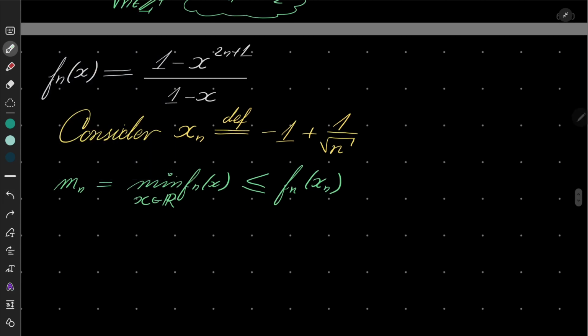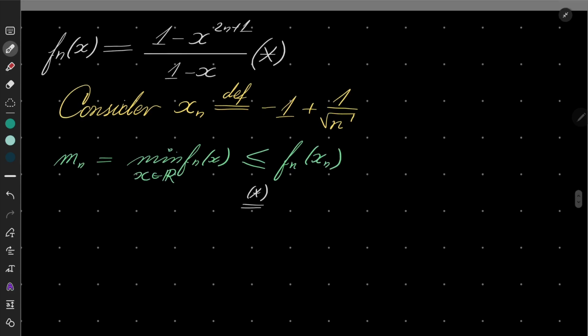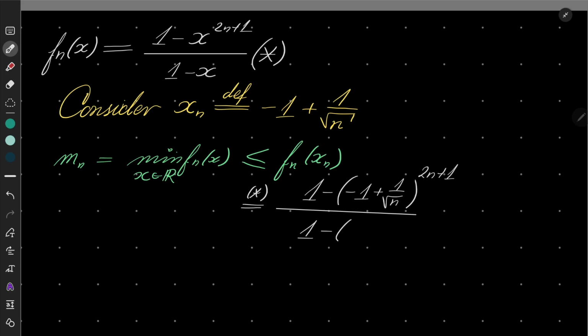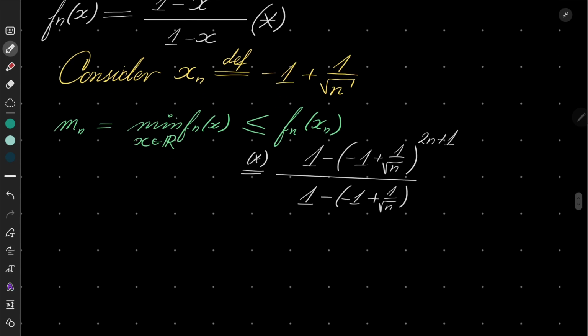And now let's plug in. I will plug into this formula which I marked with an asterisk. Well, we have the following: 1 minus (1 plus 1 over square root of n) to the power 2n plus 1, over 1 minus (1 plus 1 over square root of n)... Very well. And now let's simplify it a little bit.